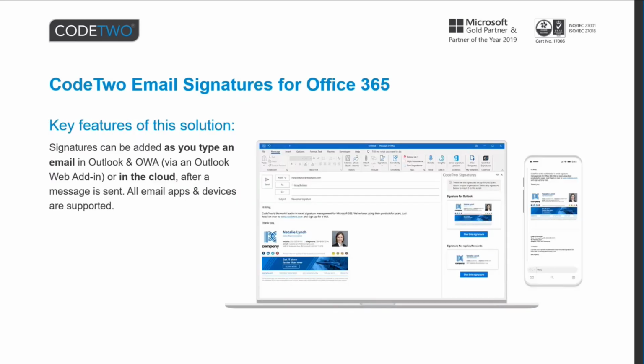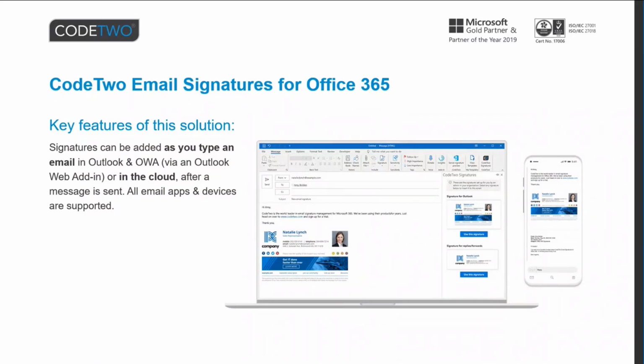And a key feature of this solution is that it supports all email apps and devices. It's because it can work in two modes. One mode is you get the signature as you type an email in Outlook and Outlook on the web. And the second mode adds signatures in the cloud.